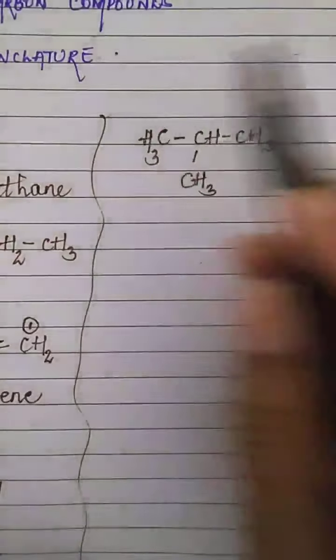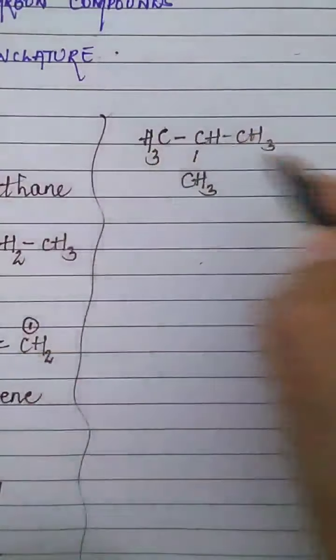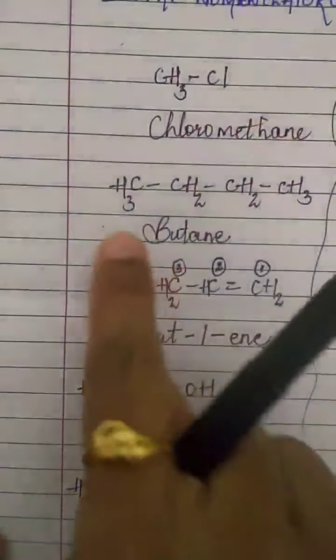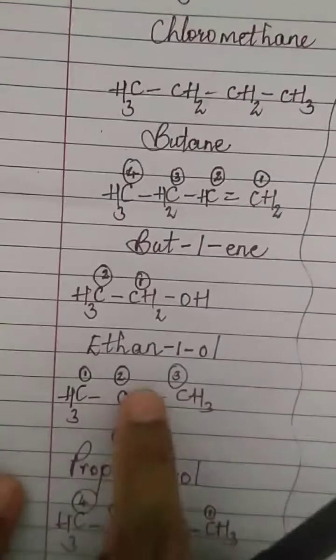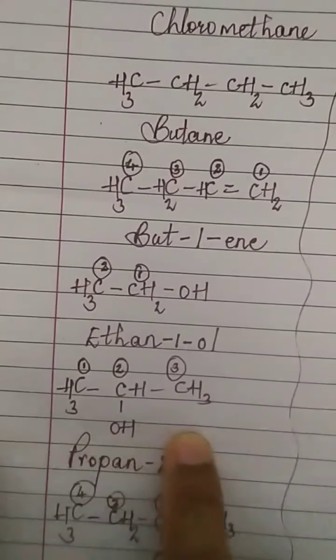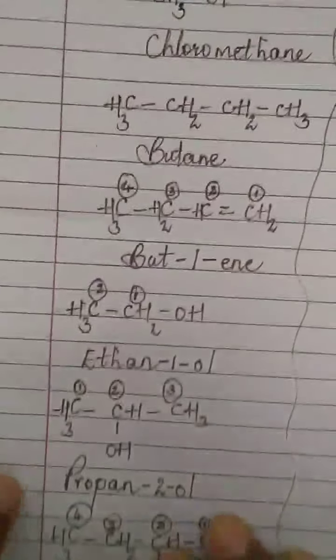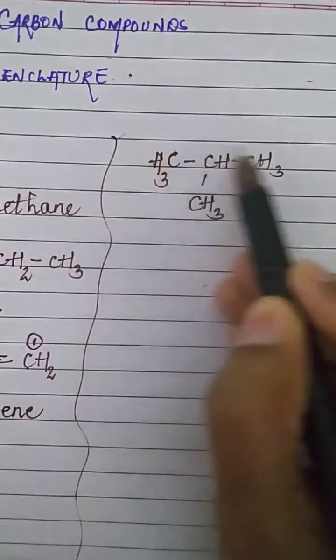Now, I am taking this example. The longest chain you will consider as the parent. In all these examples, I had taken only a chain. There was no branch. Only the functional group, OH, was attached, so we numbered it. Now in this example, as you can see, any straight chain you can take.